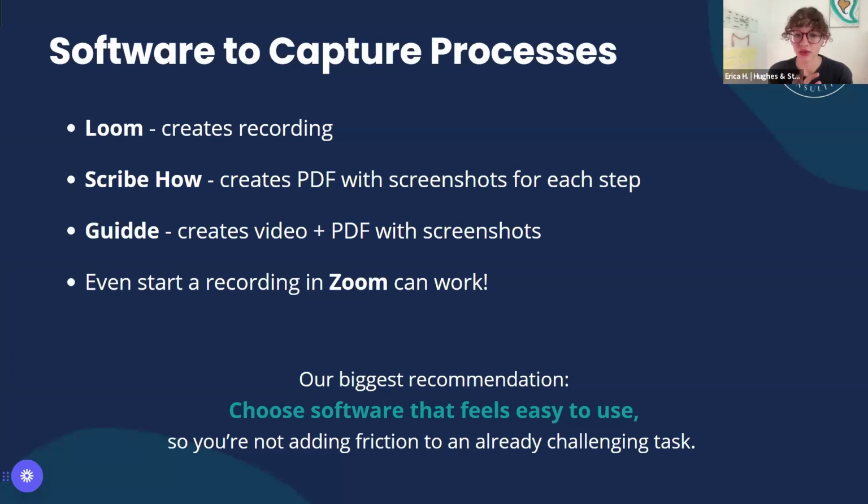One other piece that goes along with making it easy is don't be afraid to keep the recording going if you hit a mistake. I think that is one of the biggest pieces that we all get caught on, fumbling for the wording, or, oh shoot, this didn't go the way I wanted it to. Sometimes those are the most helpful recordings for a new hire or somebody coming in, because I'm likely to face that same issue at some point.